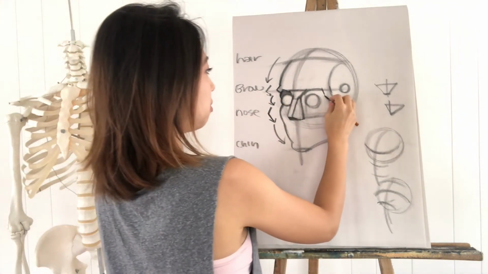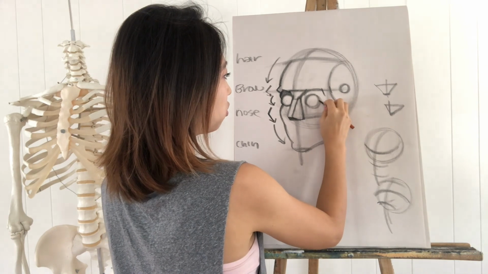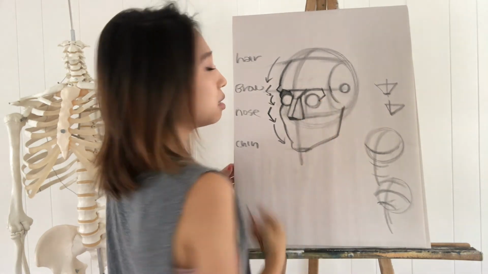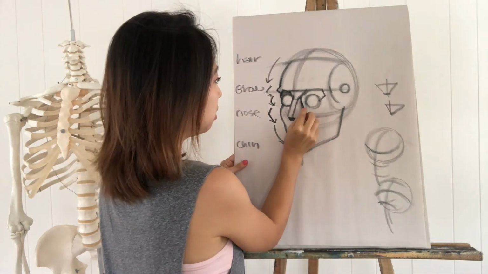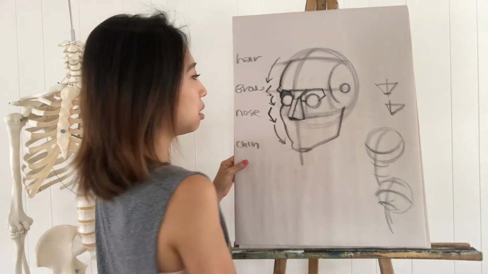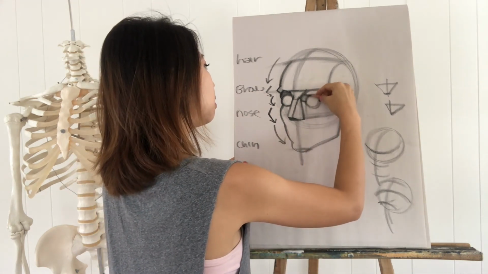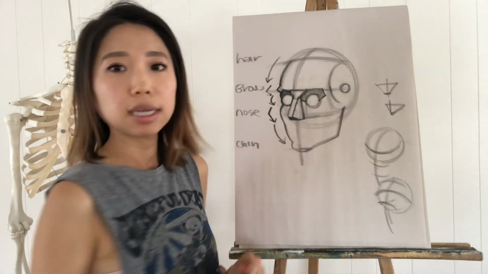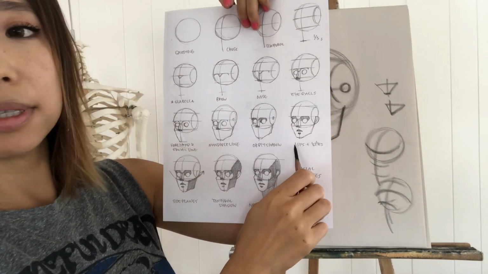And this one, same thing. You're gonna bring down to the corner of the eye from the end of the eyebrow like this, and then the glabella to the tear duct. And shade it.